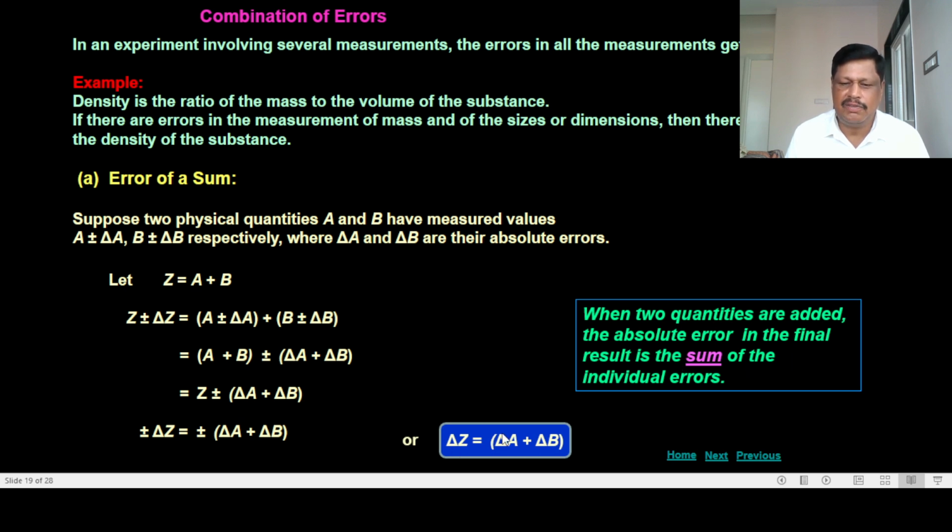This is the final equation. That is, when we add two quantities, the final error is delta Z is equal to delta A plus delta B.